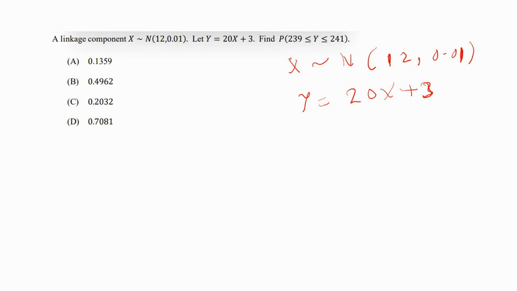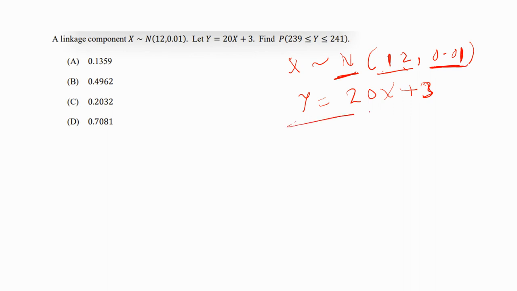If x is following a normal distribution and y is a linear equation of x, then y will also follow a normal distribution. Now we want to find the mean and the variance of it.